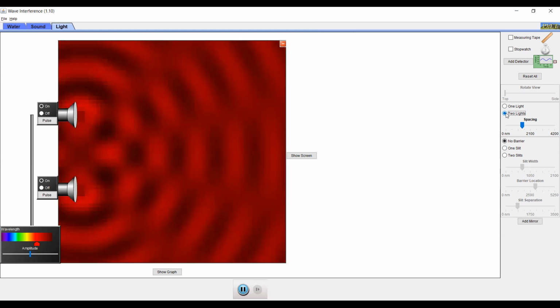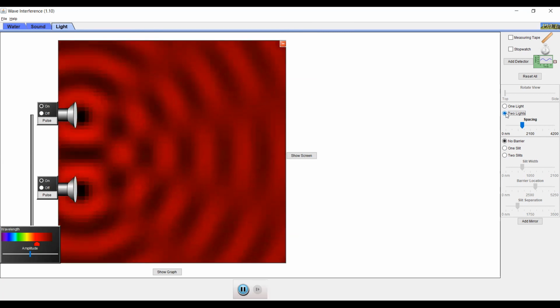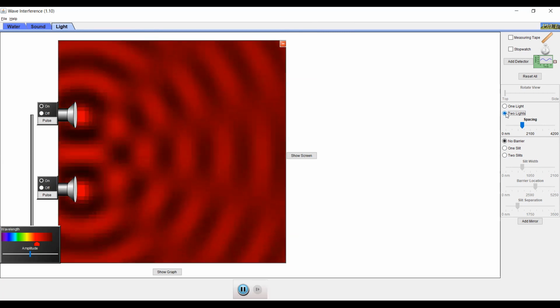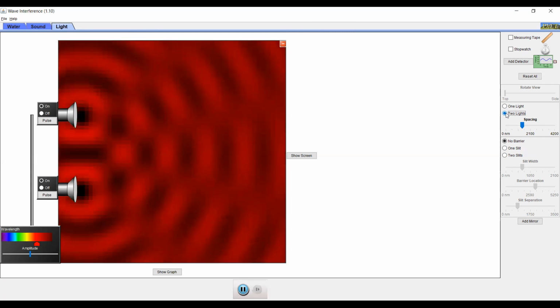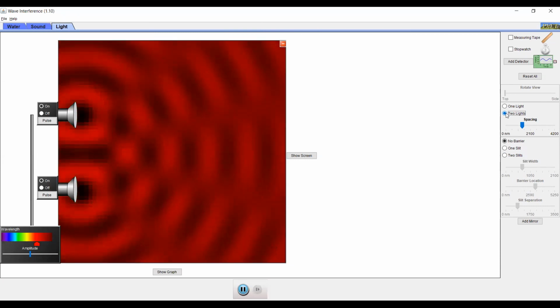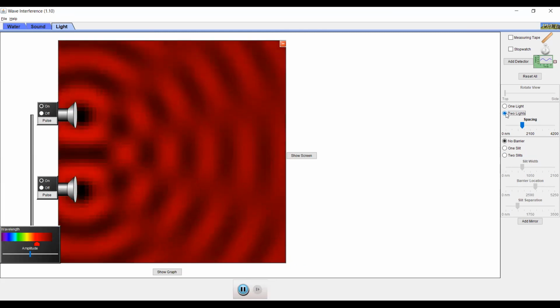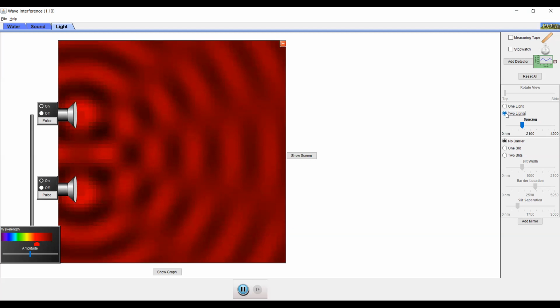This wavefront and this wavefront are getting merged on top of each other, accepted? When they're getting merged, are you able to see certain spots which are bright? It means the intensities are getting added, and there are certain spots at which the intensity is getting subtracted. It means it is completely dark. Are you able to see some dark portions?